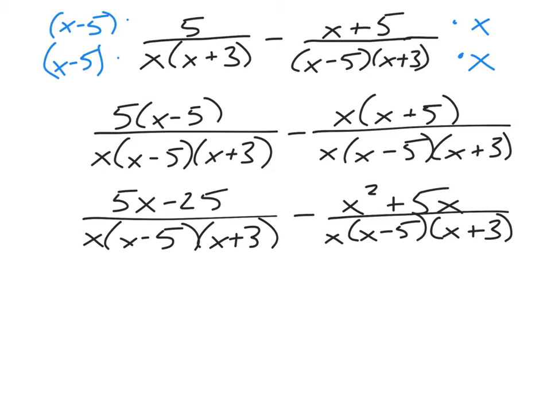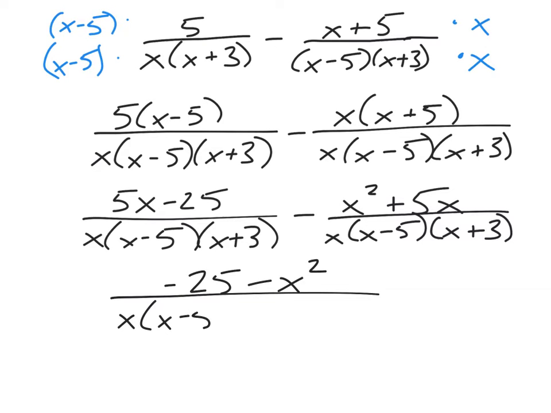The mistake that I see most commonly is people will do 5x plus 5x, and obviously you can't do that because of the subtraction between them. So then I end up with negative 25 minus x squared all over x minus 5, x plus 3.